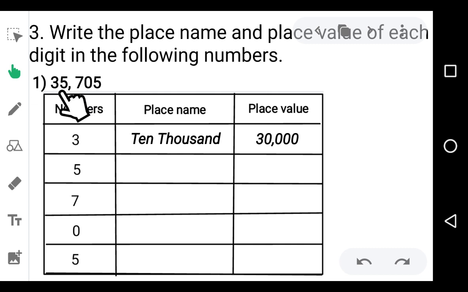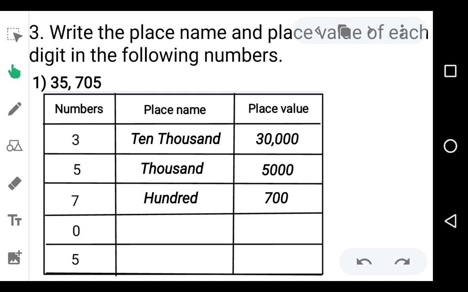Then 5 is at 1,000 place, its place name 1,000 and its place value is 5,000. Next is 7 is at 100 place, its place name is 100 and its place value is 700. Then 0 is in the tens place, its place value is 0. Then 5 is in the unit place, its place value is 5.